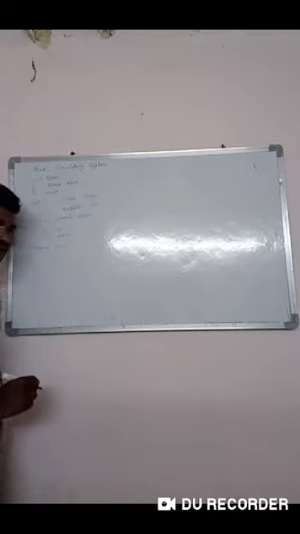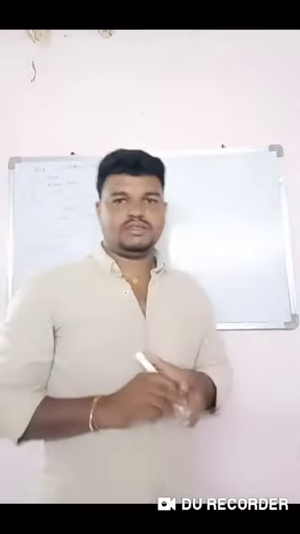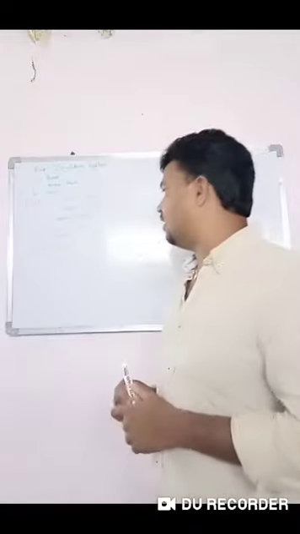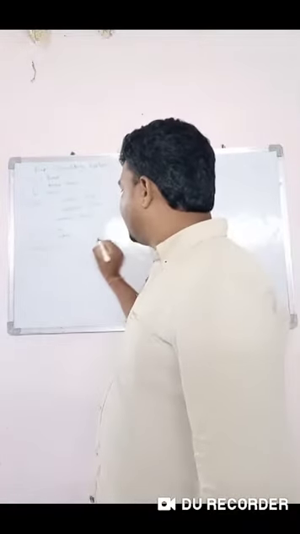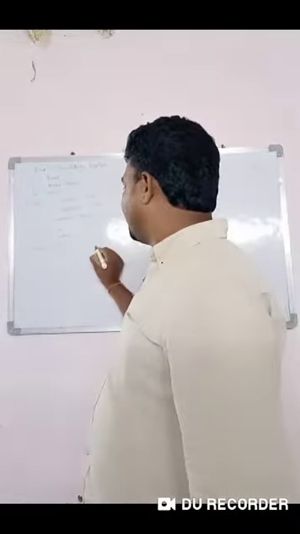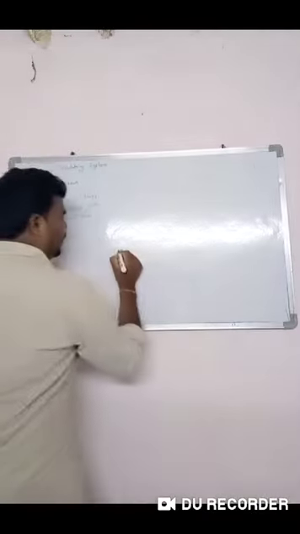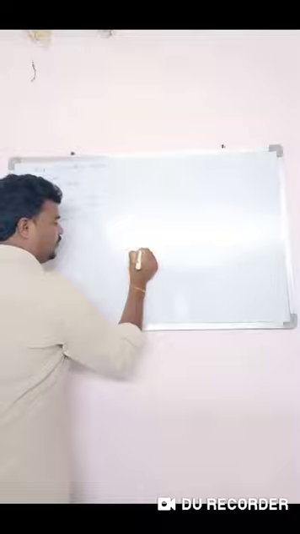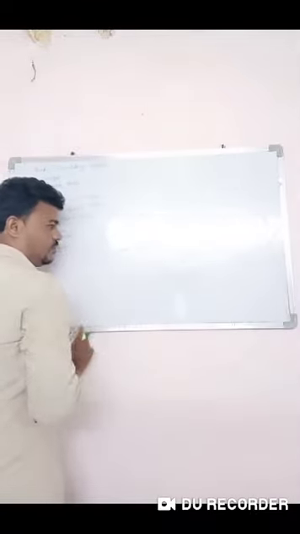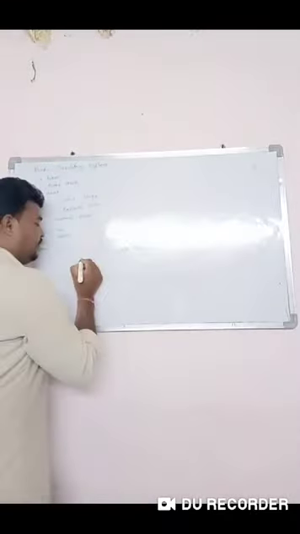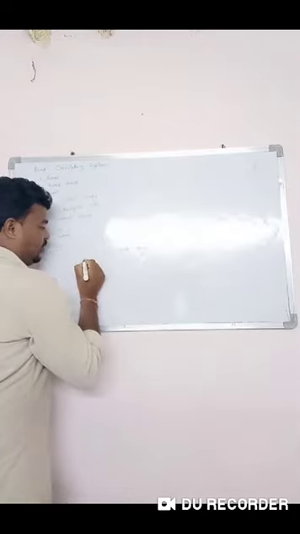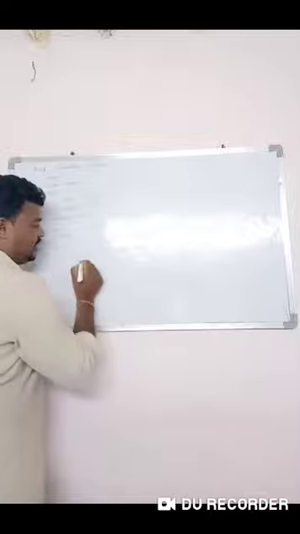It looks like a conical shape, and the two auricles as well as the two ventricles are externally separated by a vertical groove. That's why the two auricles and the two ventricles are completely separated externally.